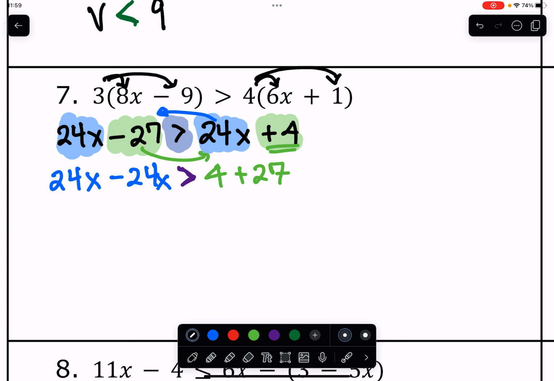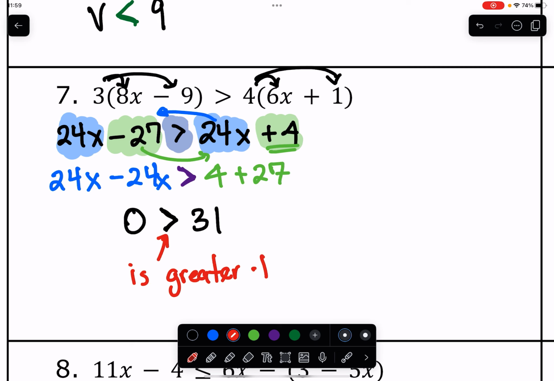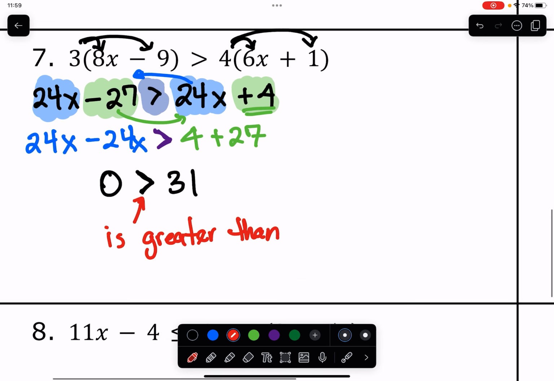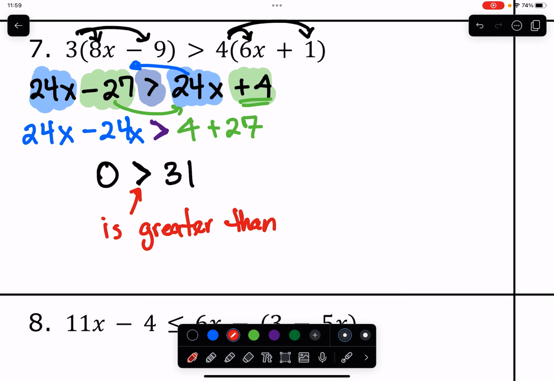And now look what happens. 24 minus 24, that's equal to 0. So we end up with 0x, or simply 0, greater than, and 4 plus 27, well, that's equal to 31. Well, this is not true. 0 is not greater than 31.